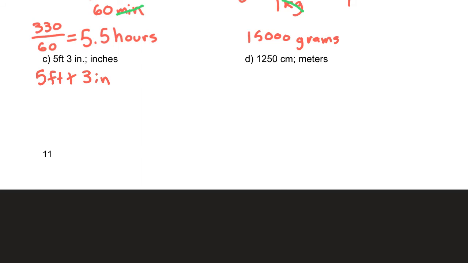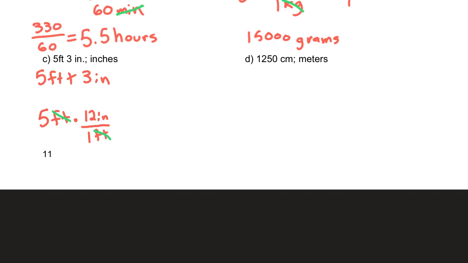So I would represent this as 5 feet. To convert that to inches, 12 inches are in a foot. So I would put 12 inches on the top, 1 foot on the bottom, so that those common units divide out.